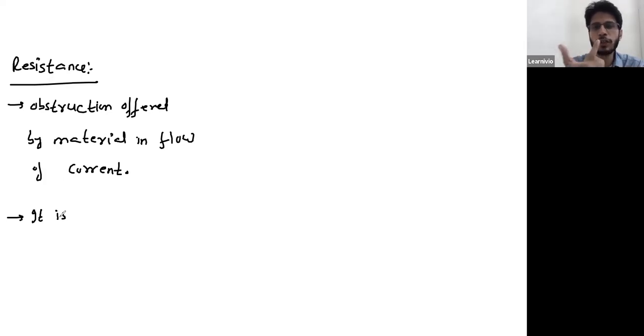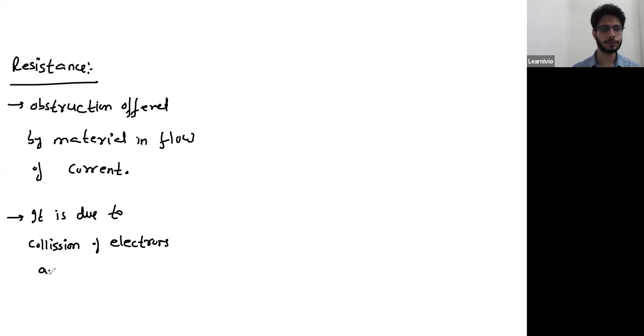Flow of electrons is current. That collision of electrons with ions is opposing the flow of electrons. That is the cause of resistance in your system. It is due to collision of electrons and ions.